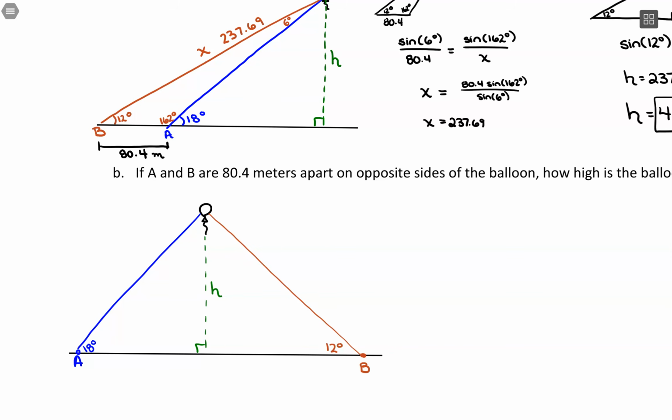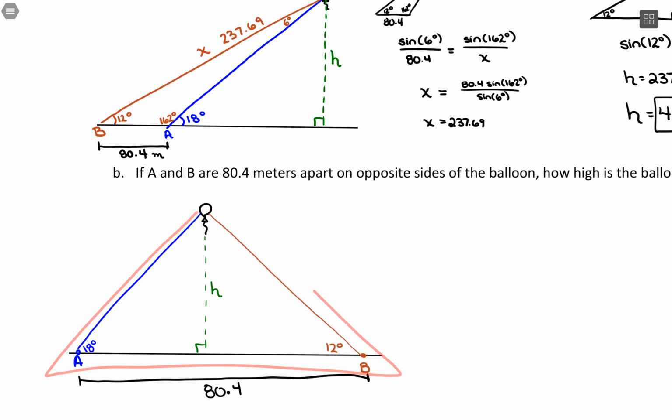And this time we're being told the distance between A and B, which spans all of that, is 80.4. All right, so in terms of right triangles, again, we're going to be stuck. Like this right triangle, all we have is that angle and nothing else. Same thing over here. So what I want to do is actually look at the big triangle, which I could draw off to the side here.